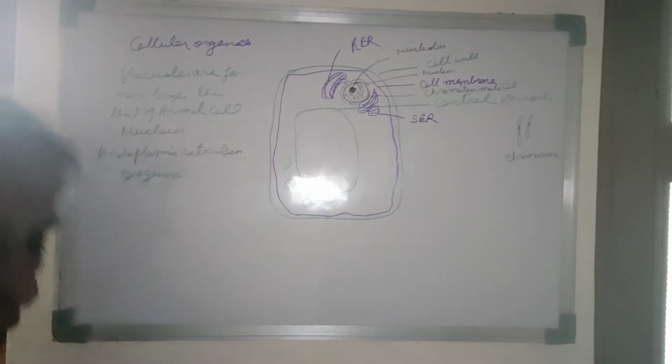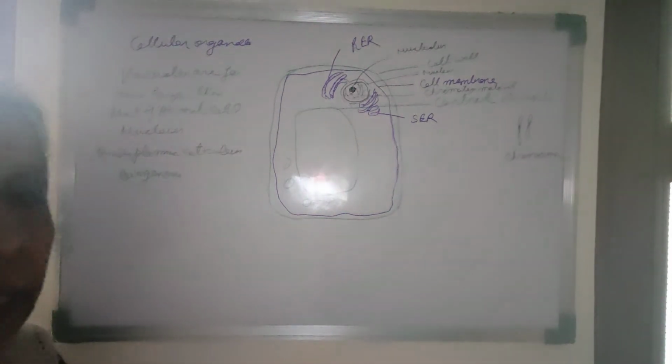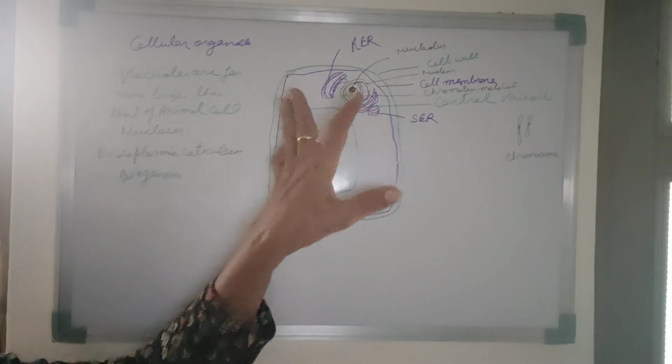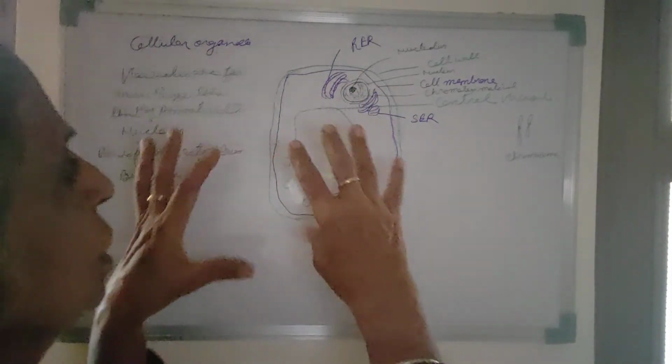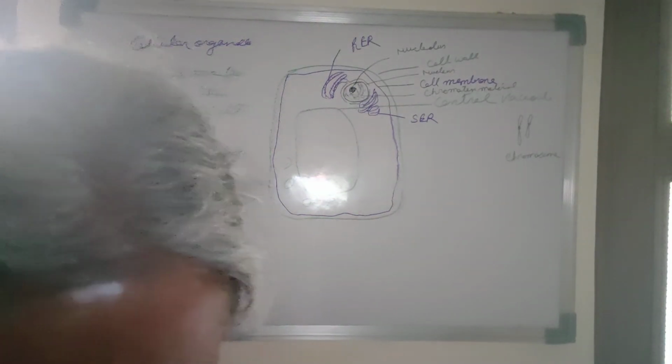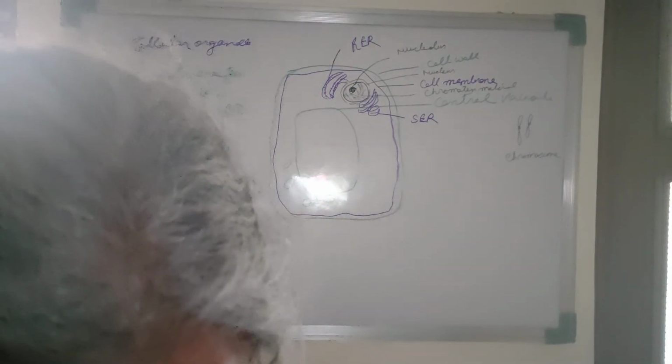That is, formation of the plasma membrane from the lipids and the proteins is called biogenesis. Then the endoplasmic reticulum also keeps the cell in position; they also form the endoskeleton of the cell.